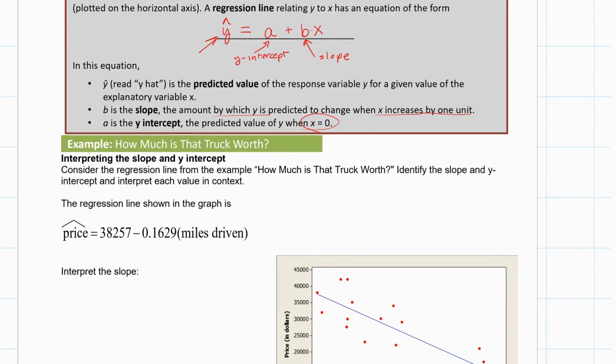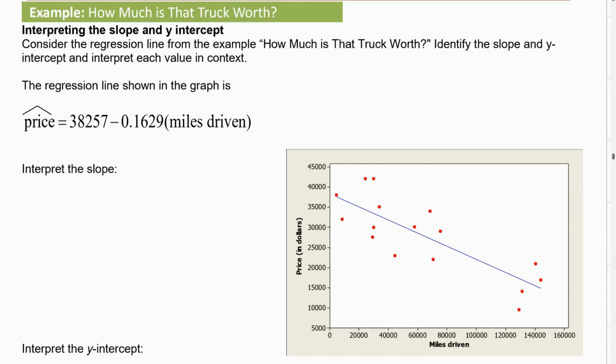So we read this as predicted price can be found by using this model where 38,257 is the a value and the b value is negative 0.1629, and our x variable in context is miles driven.